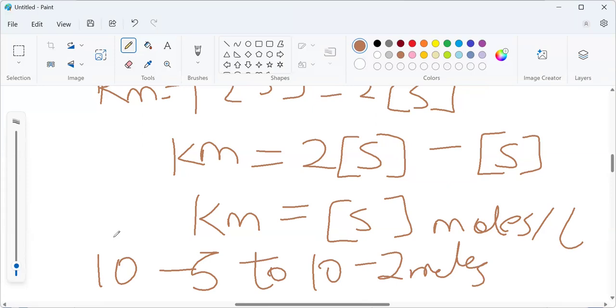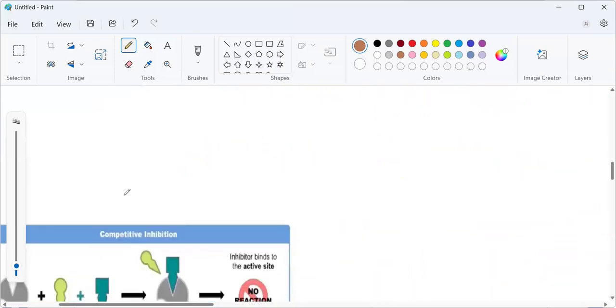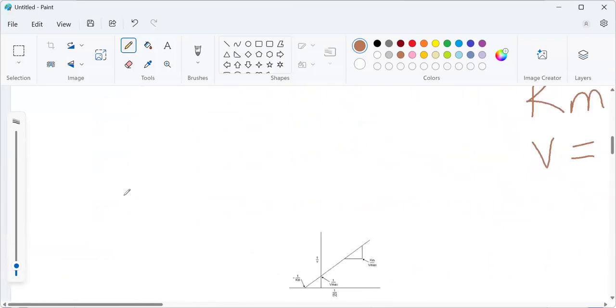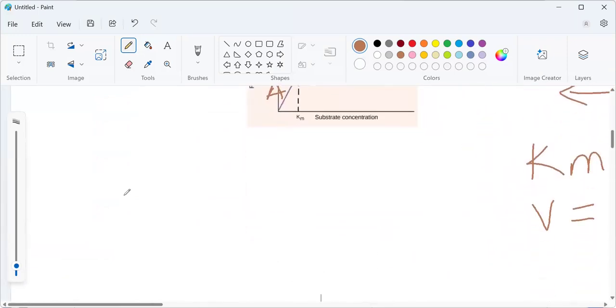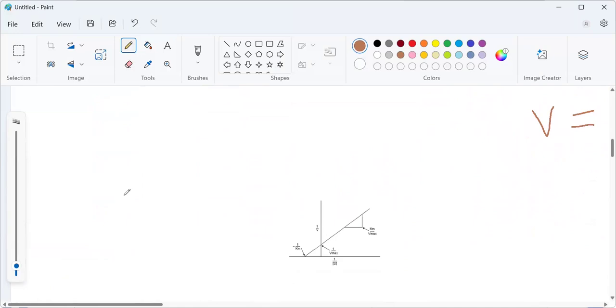Now the Lineweaver-Burk double reciprocal plot.